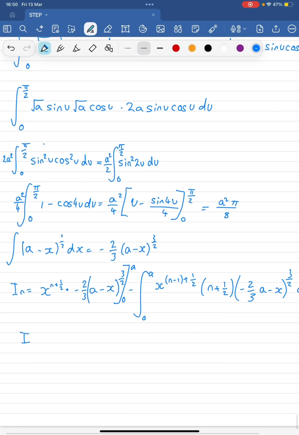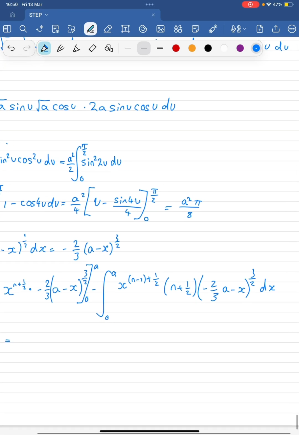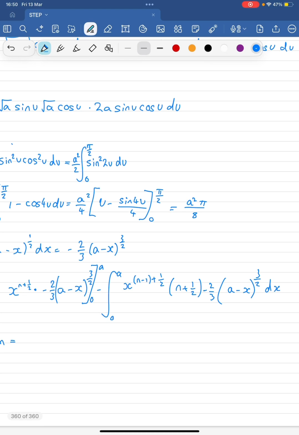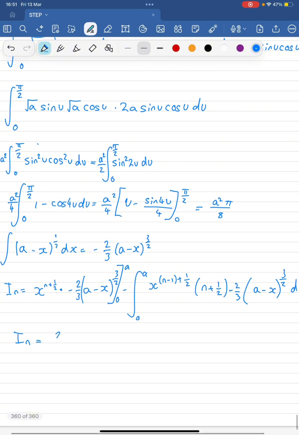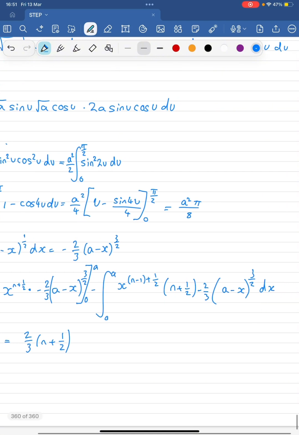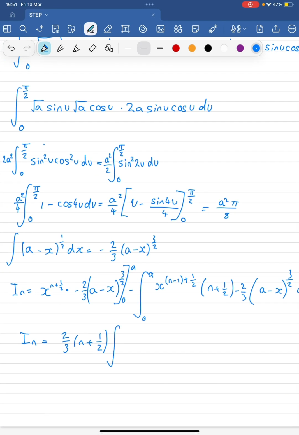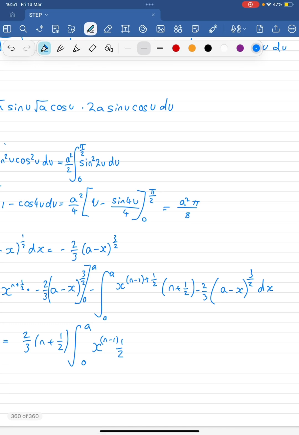So I n is just, I need to change this as well, don't I? So minus 2/3 times that. So I can take out 2/3 n plus a half, and then I'm left over with the integral from 0 to a of x to the n minus 1 plus a half, and then times this a minus x to the 3/2.